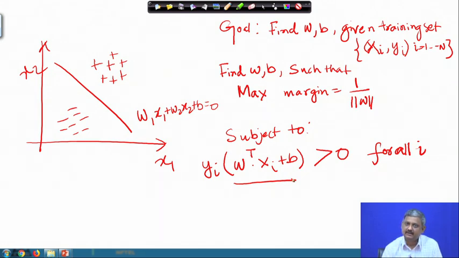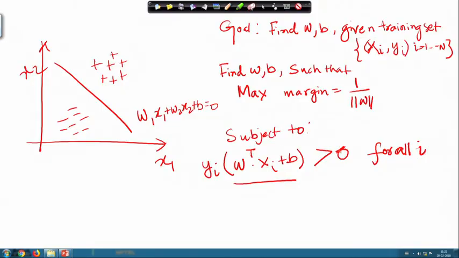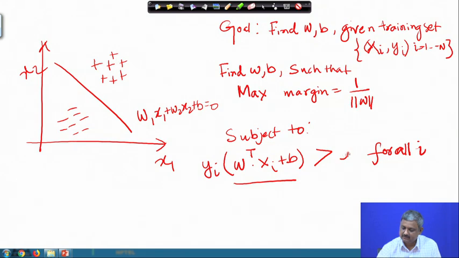So, earlier we said it is a positive quantity, now we say it is positive and its value is at least 1, because by scaling W and B, you have already made the minimum 1.